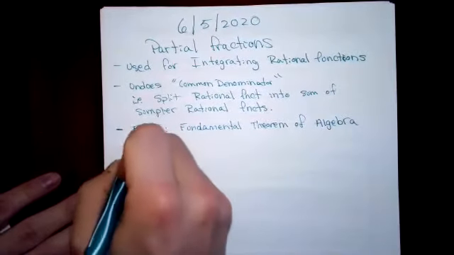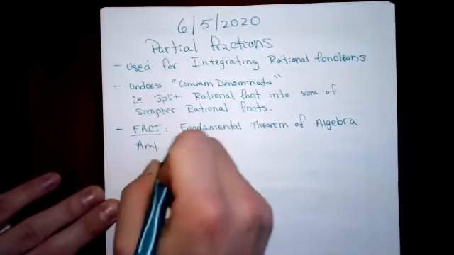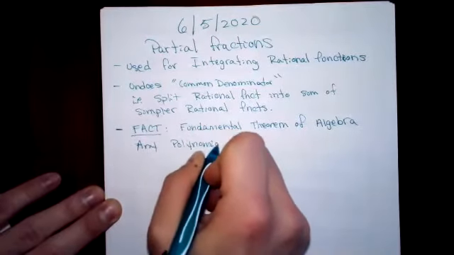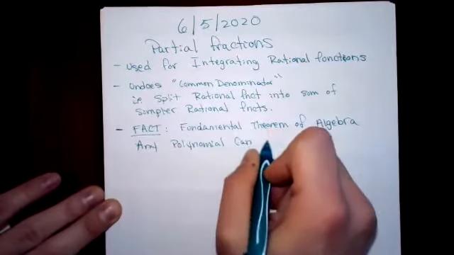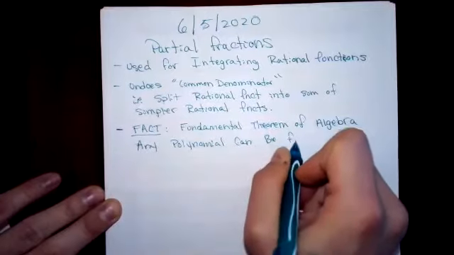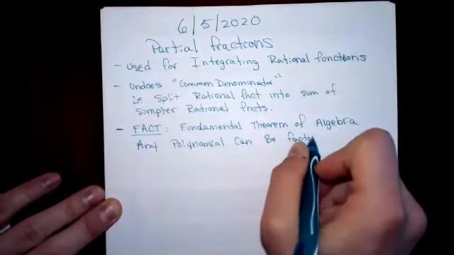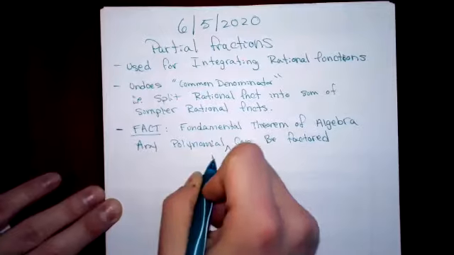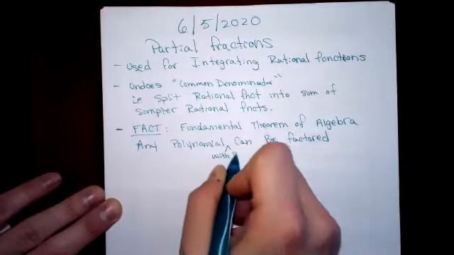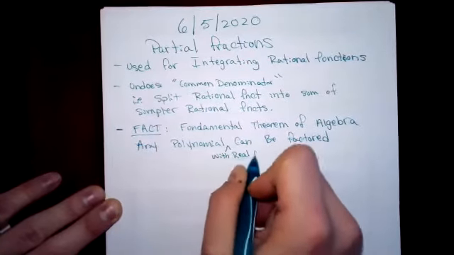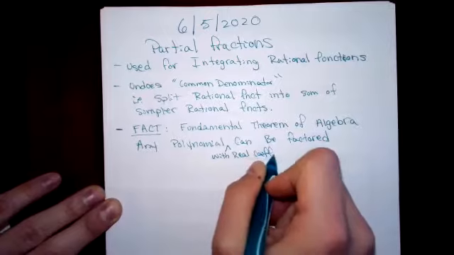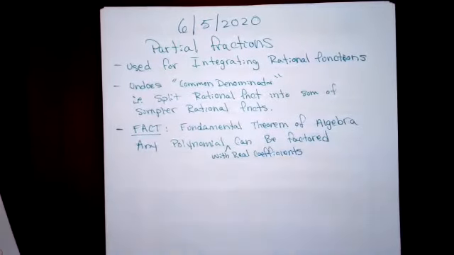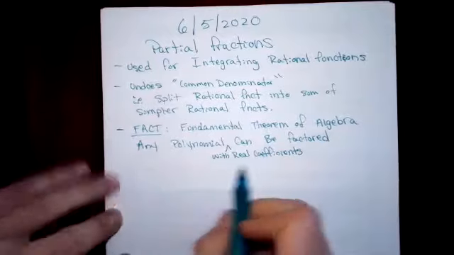And it basically says that any polynomial can be factored. And I guess you should say any polynomial with real coefficients. Of course, this is Calc 2. Everything we're doing is over the real numbers.